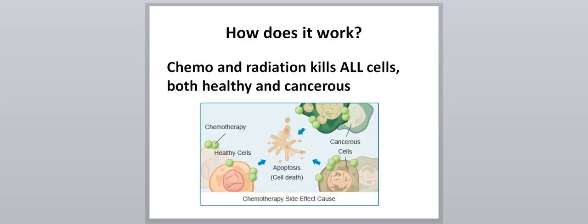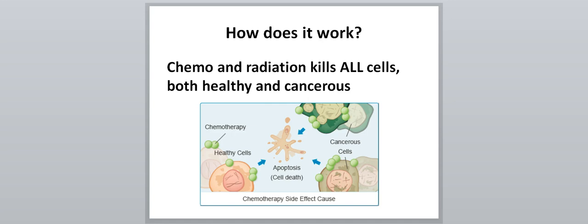What we want you to understand is, for those of you who are on a cancer healing journey and have done chemo and radiation: yes, chemo kills the cancer cells. Chemotherapy comes in, and here's the apoptosis. Cancer cells are cells that don't die a natural death.